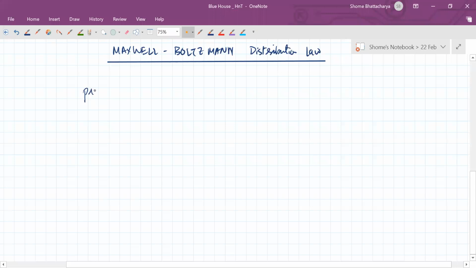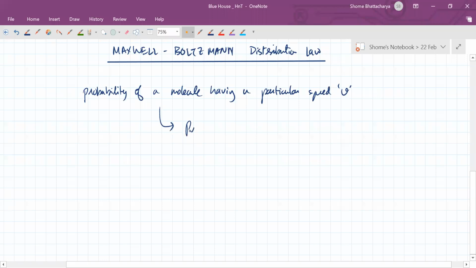So the probability of a molecule having a particular speed v, that is called the probability fraction, which is nv by N. Okay. So sometimes in certain textbooks you will see this written as dnv divided by N instead, because obviously the numerator is very small compared to the denominator.